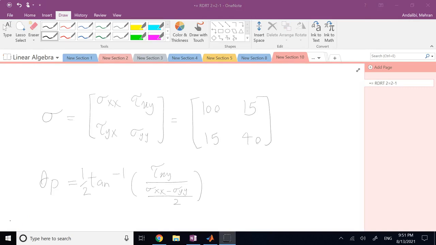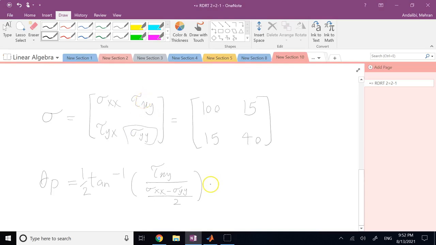Let me show you a numerical example here. So here I'm going to do it on a stress tensor or a stress matrix. This is a 2D example, and these are the normal stresses along x and y, and the shear stress xy is 15. So I'm looking for the principal axis along which I only have normal stress components and no shear.